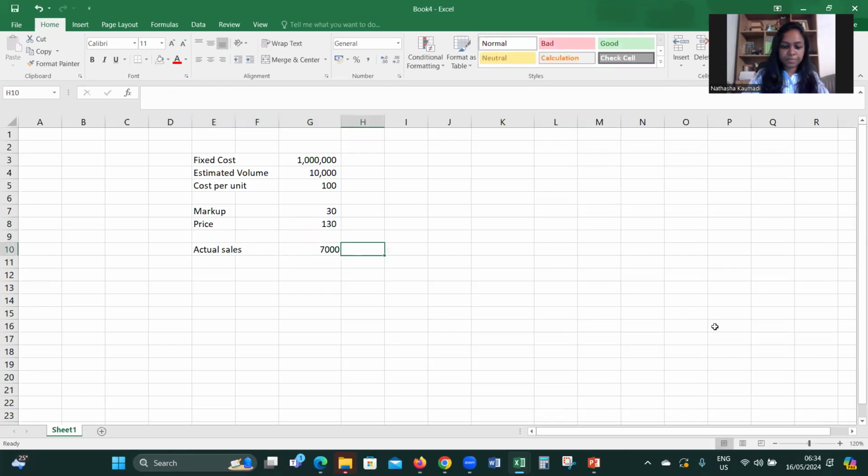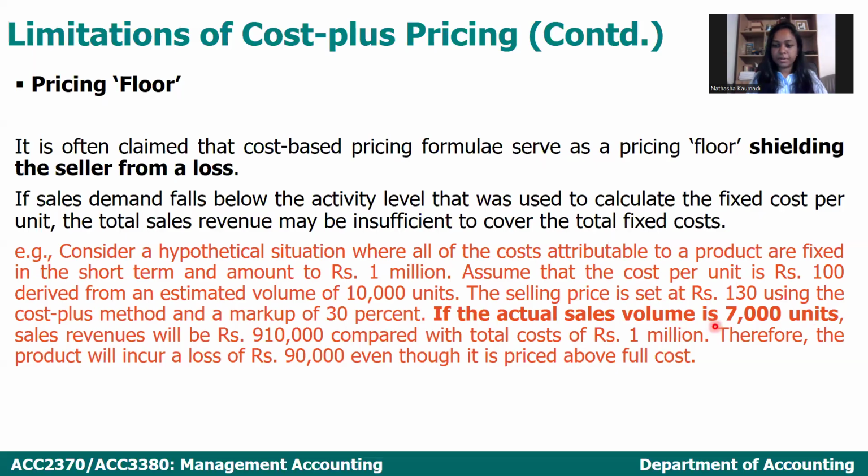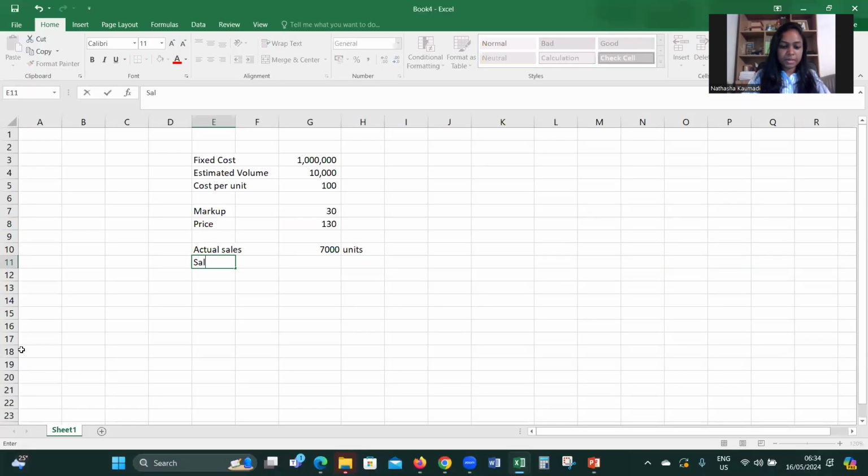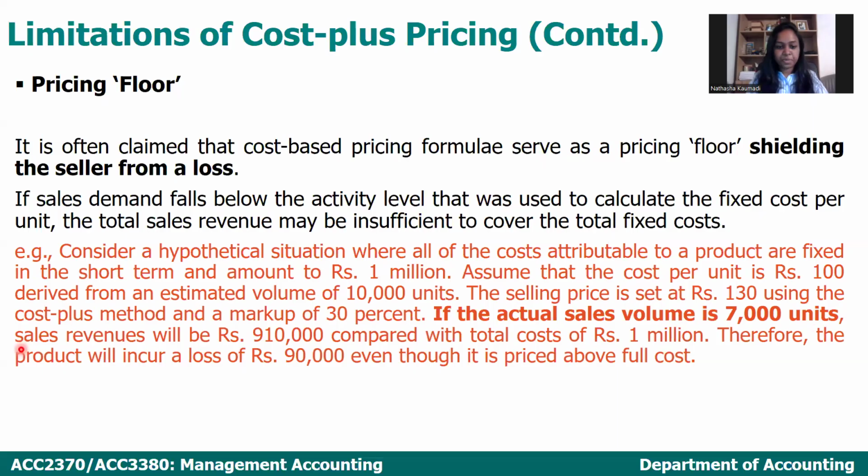Right. Now, what is the sales revenue? If the selling price is 130, and the actual sales quantity is 7,000, 7,000 multiplied by 130, you have 910,000 revenue compared with the total cost of 1 million. Therefore, the product will incur a loss of 90,000 even though it is priced above full cost.